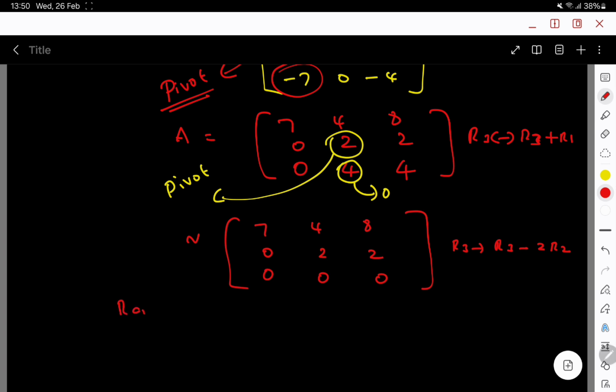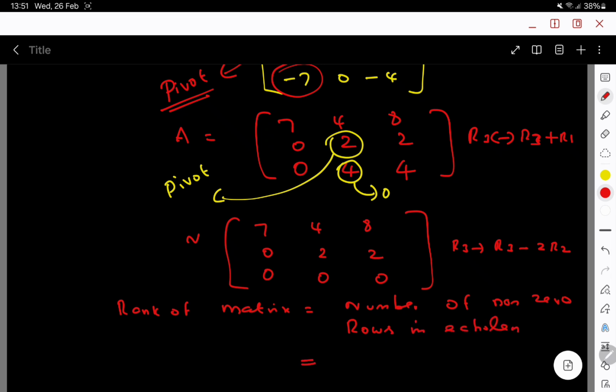Here the rank of the matrix is equal to 2.